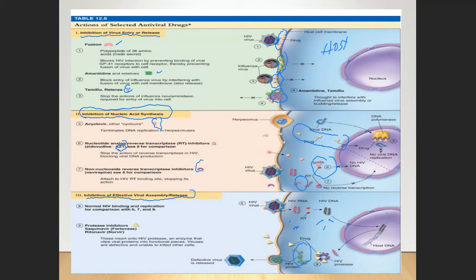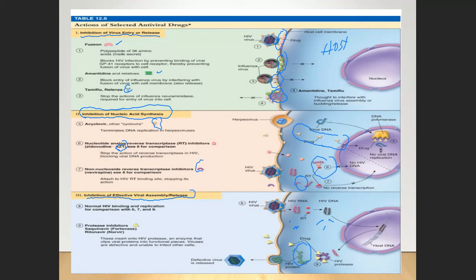So basically, the virus that will be produced because of this blocking will be an imperfect type of virus, not a complete virus. So it will not be able to cause infection to other cells.